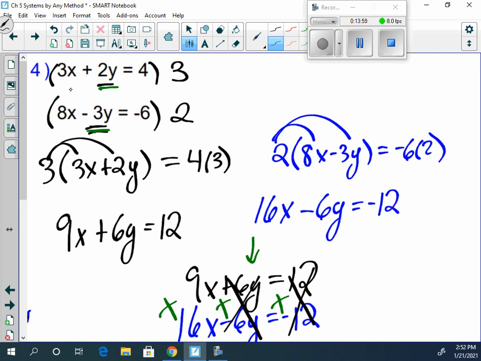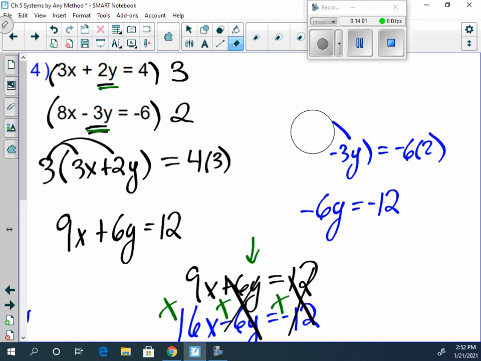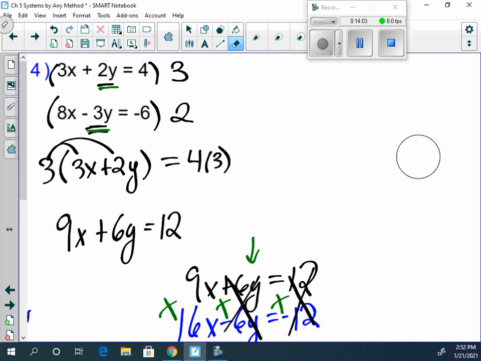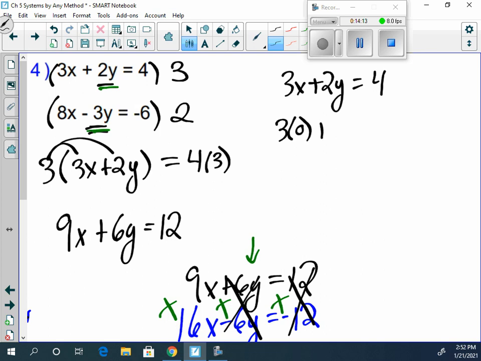So we can use the top equation. I'm going to have to erase this here. So we can use 3x plus 2y equals 4, and I'm going to plug 0 in for x. Well, 3 times 0 plus 2y equals 4. What is 3 times 0? 0. This whole thing becomes 0, yes? So 0 plus 2y equals 4.